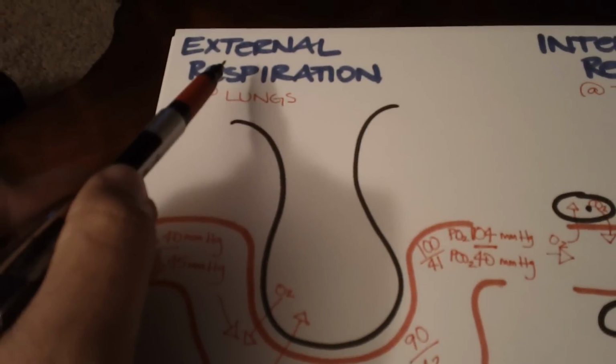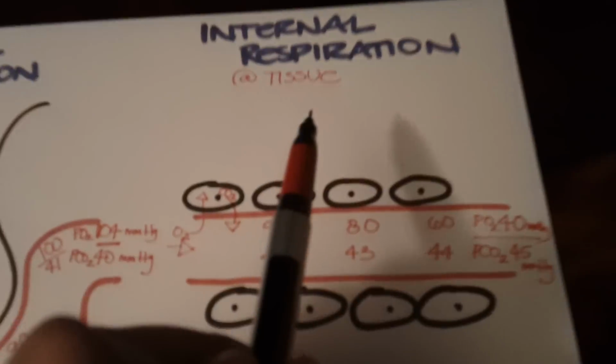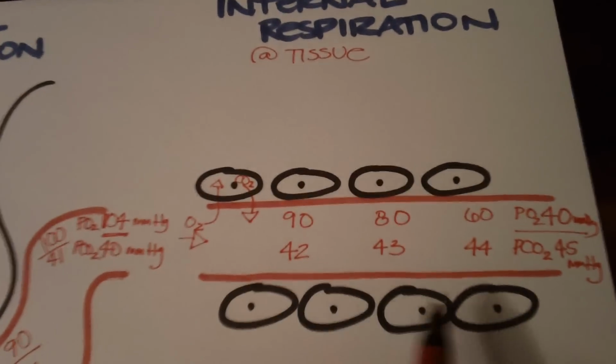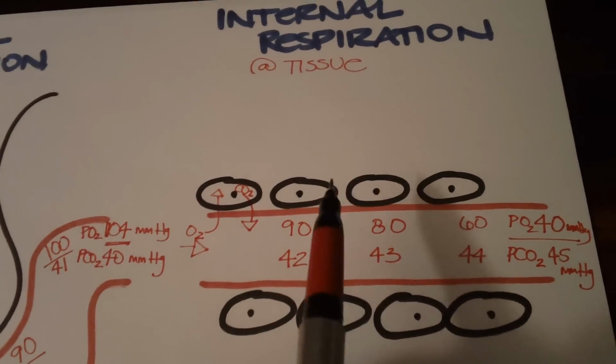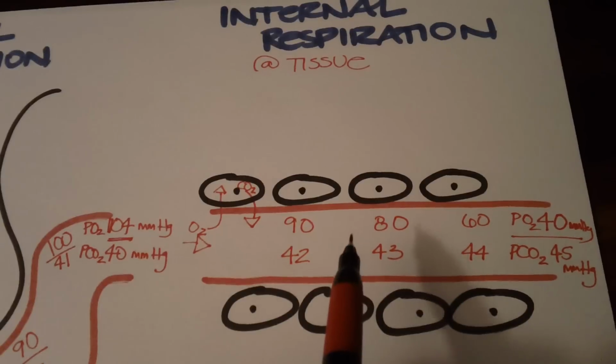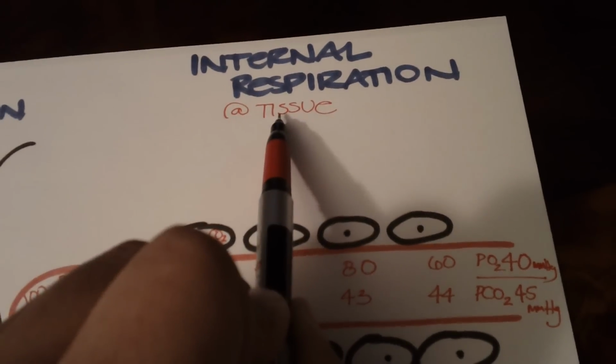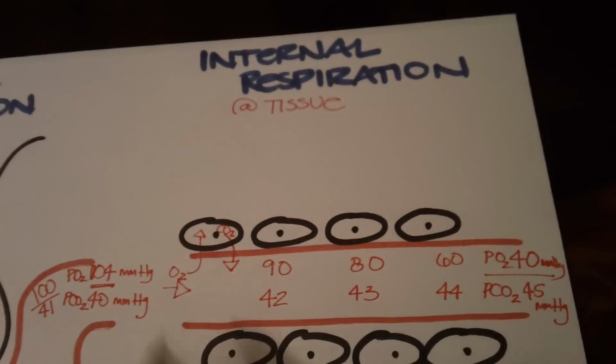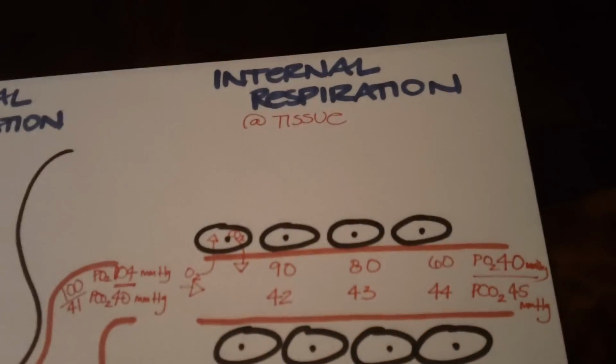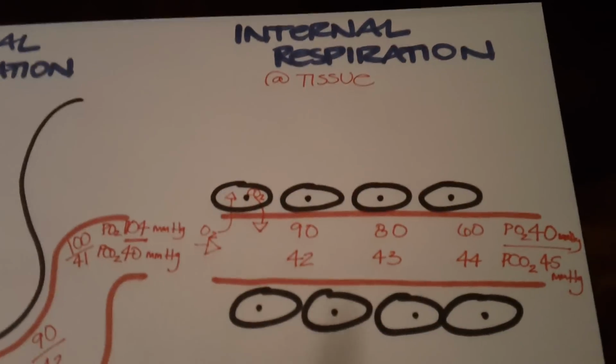That is external respiration. But when we're talking about our tissue breathing, taking in oxygen and offloading its CO2 waste, that's occurring at the tissue level. So that is all internal within our body, and therefore it is called internal respiration. I hope that makes sense.